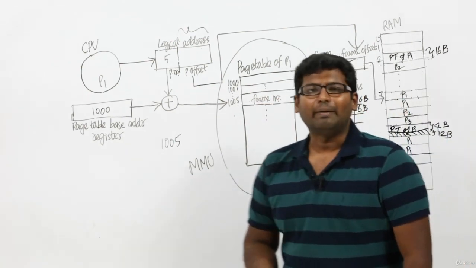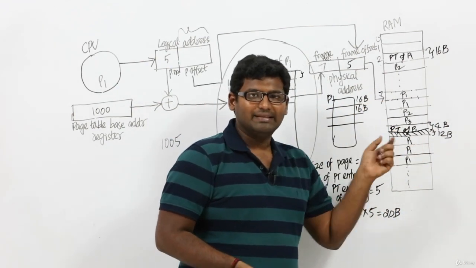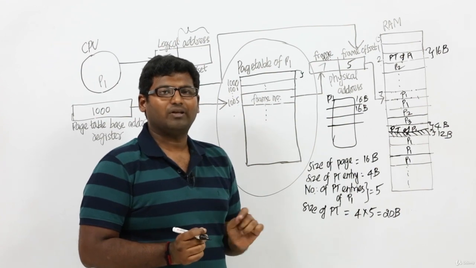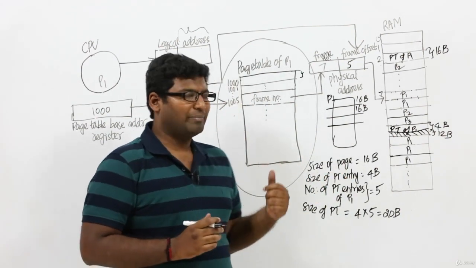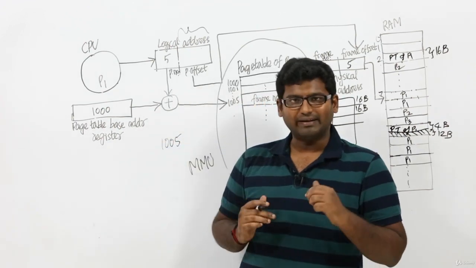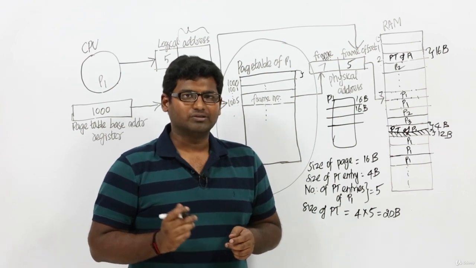But here the page table is itself placed in non-contiguous allocation. This is the exact scenario where we go for something called multi-level paging. I know it is a bit difficult to understand what I mean by simple addition and all this. We'll see that in the next video, what is meant by multi-level paging and all this.